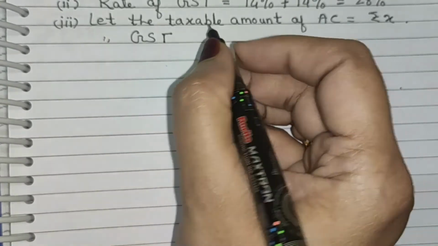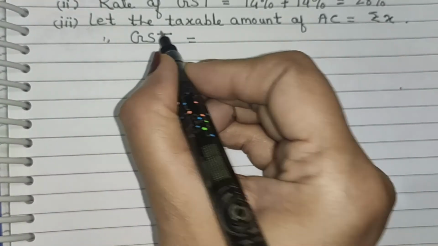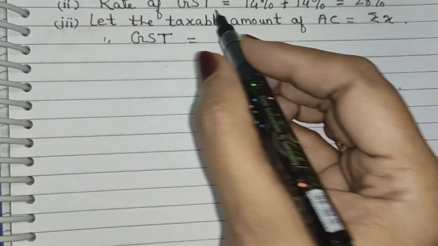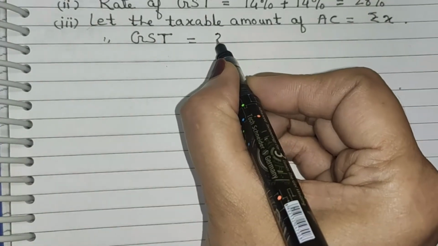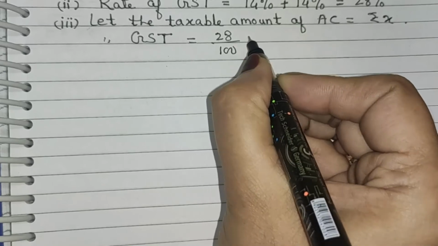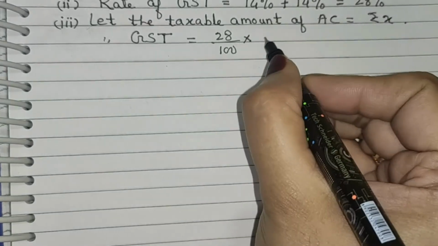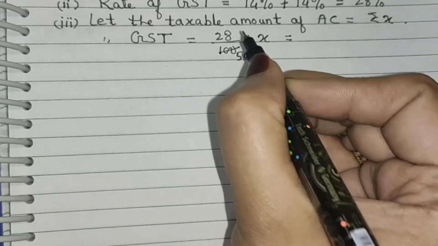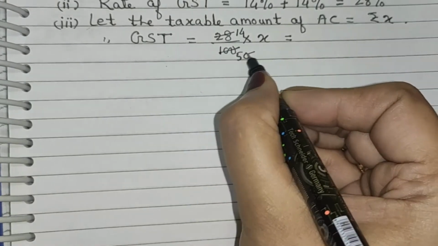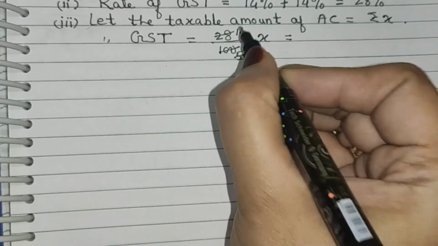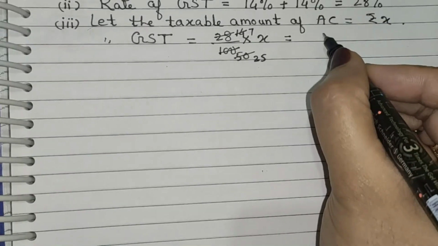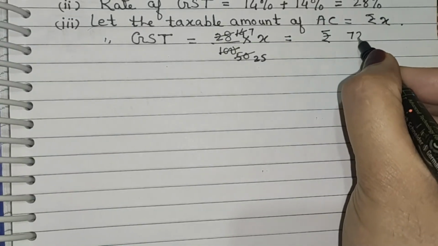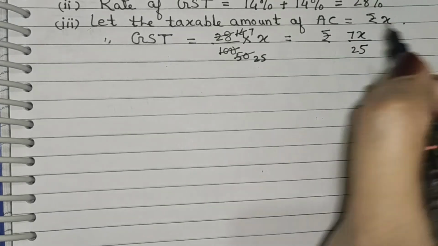Therefore GST is equal to rate of GST, now rate of GST is 28%, into taxable amount. Taxable amount is x. Now solve it. 2 5s are 10, 2 1s are 4, 2 2s are 4, and 5 2s are 10. Now we get here GST is rupees 7x upon 25.